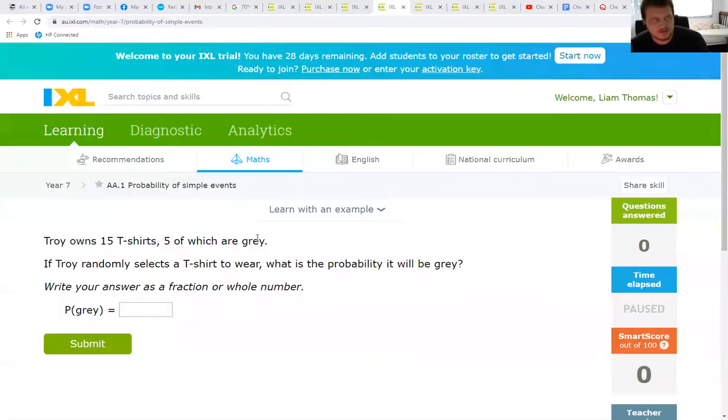Okay, let's do some worded questions now. Okay. So if Troy owns 15 t-shirts, 5 of which are gray, if Troy randomly selects a t-shirt to wear, what is the probability that it will be gray?